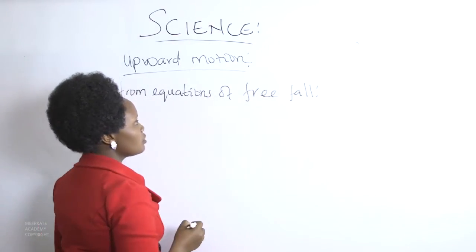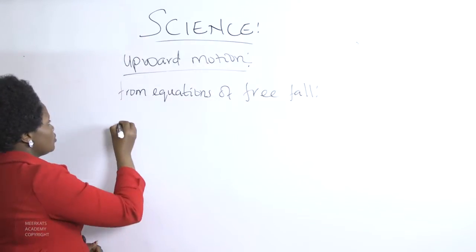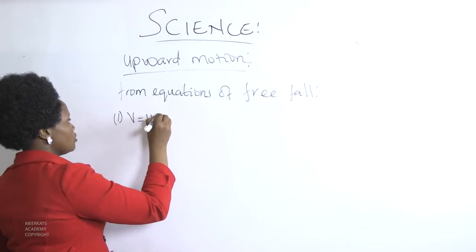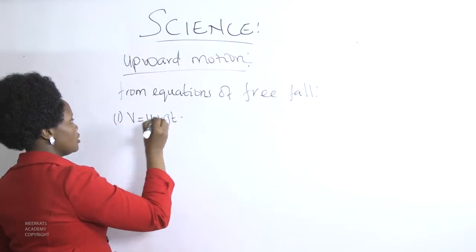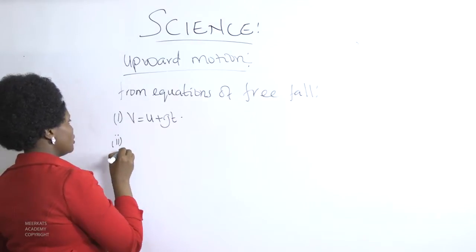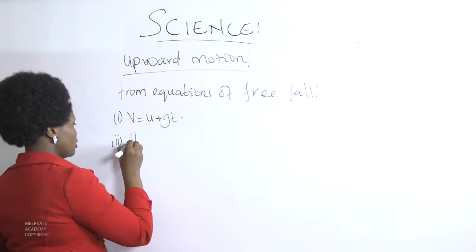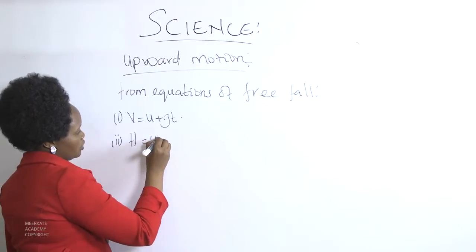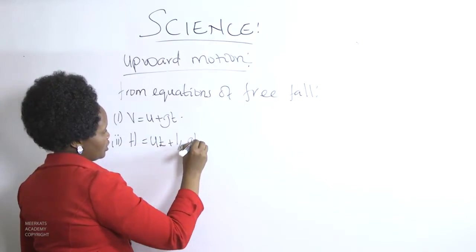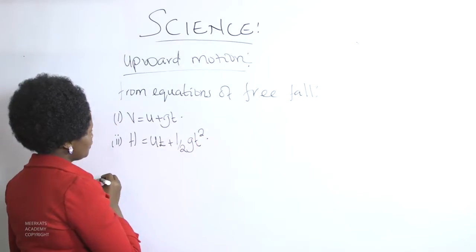That we have just looked at. Actually, we have said there are three. 1: v is u plus gt. Number 2, h is ut plus a half gt squared.